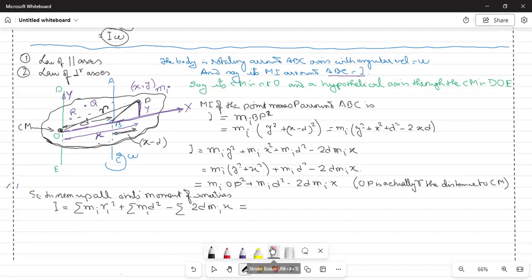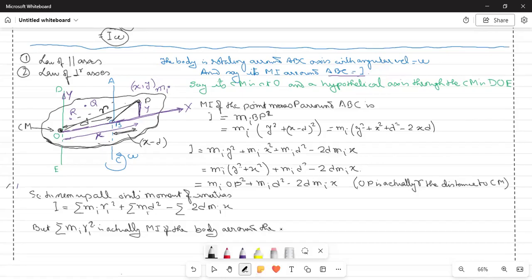So, and we can write here like this, but Σ mi ri² is actually the moment of inertia of a body around the axis passing through the center of mass.